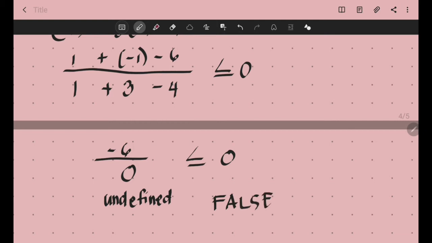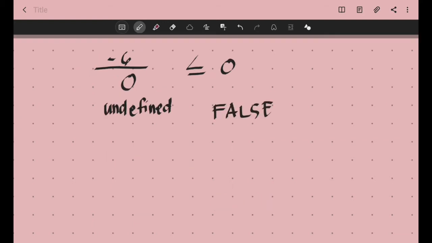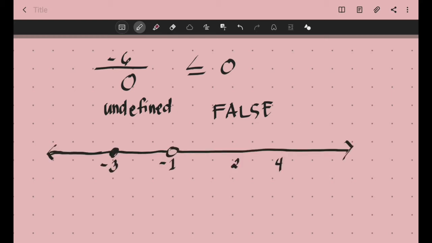Since hindi dapat magkaroon ng 0 sa denominator, ibig sabihin, si negative 1 na critical values natin will not satisfy the rational inequality. That is why negative 1 is not included. So how do we present it sa ating number line? We will plot the second critical value, which is negative 1 sa ating number line, as open circle.